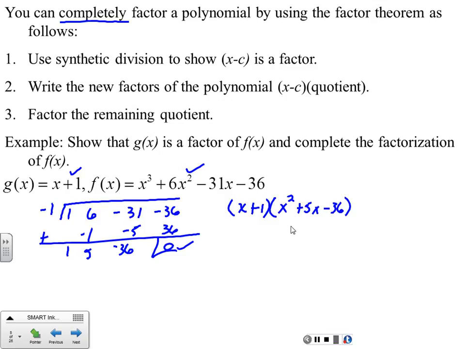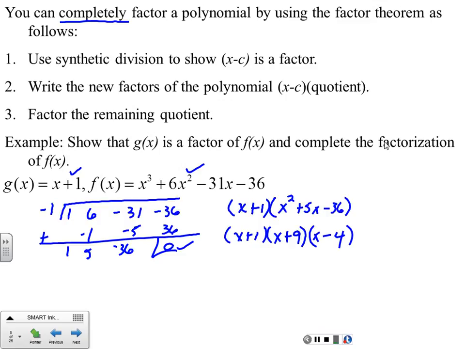Right now, how many do I have? Just 2 factors. So, this is 1. And let's see if we can figure out what these other 2 are going to be. x squared plus 5x minus 36. For those of you who are factoring whiz, do you know what it's going to be already? Very good.